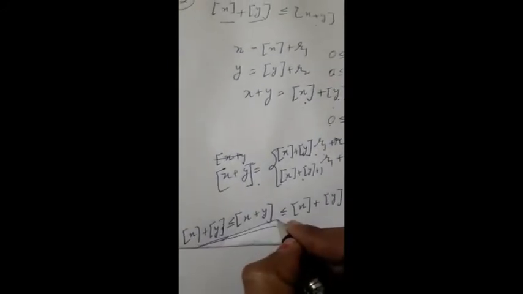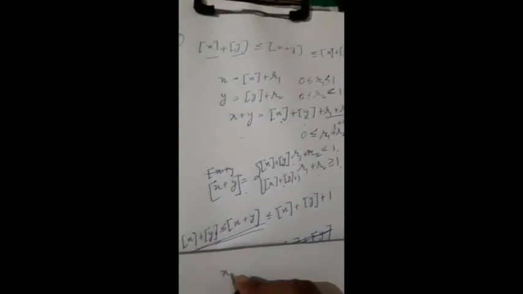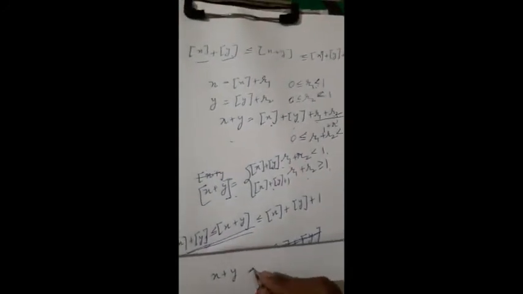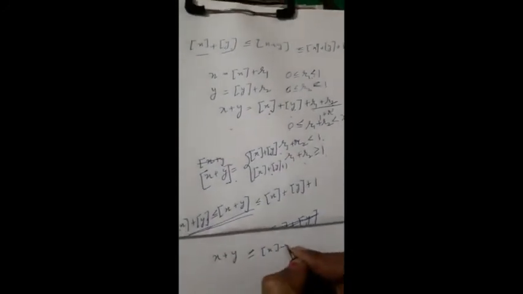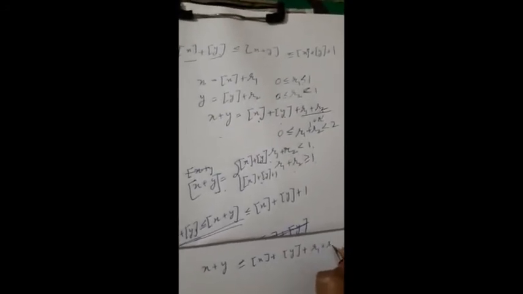We can also prove this condition using what we have used earlier. x plus y is equal to greatest integer x plus greatest integer y plus r1 plus r2, which is greater than or equal to greatest integer x plus greatest integer y.